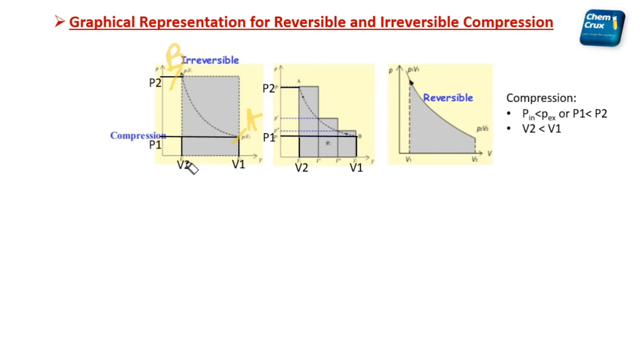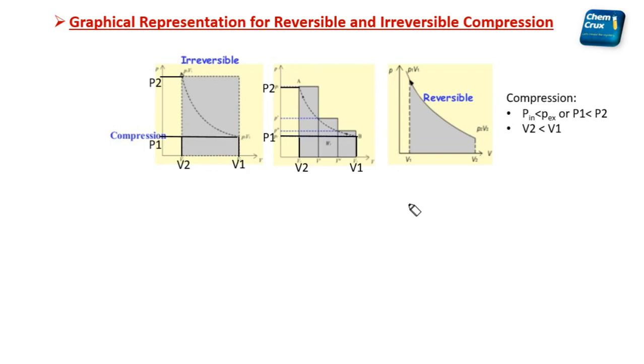Now we know for the single step process, this is the final pressure, that is P2, and the volume change has occurred from V1 to V2. So this whole area under the curve will be the net work done, right? That is volume change against the final pressure P2. Correct?